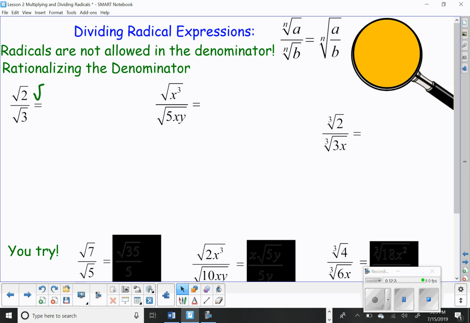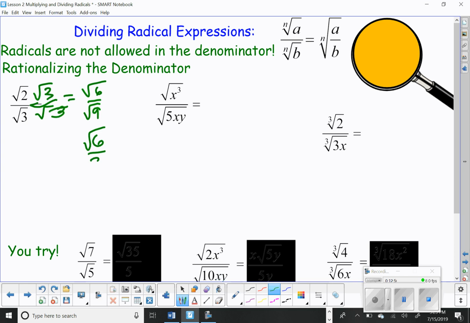So the square root of 3 divided by the square root of 3 is equal to the square root of 6 over the square root of 9, which leaves me with the square root of 6 over 3.